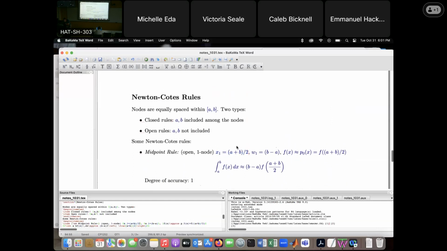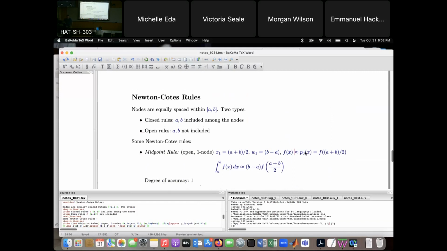And that node has one weight to go with it. That's just the width of the interval, b minus a. So then what you're doing is you're approximating your integrand f of x by an interpolating polynomial of degree 0, in other words, a constant function. Because remember, however many nodes you have, you're approximating f by an interpolating polynomial of degree 1 less.